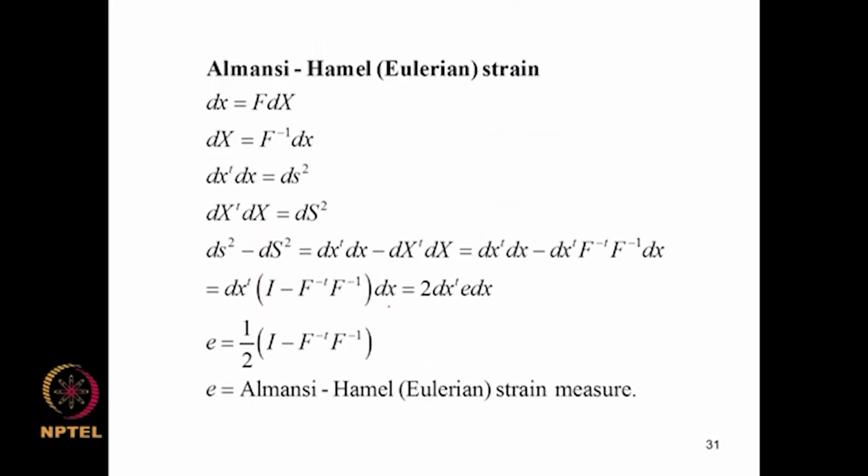So, that definition takes us to this Almansi-Hamel or Eulerian strain, defined with notation small e, and here ds square minus dS square is written in terms of lowercase dx, and we get it in this form, and this quantity I minus F inverse transpose F inverse is defined as e. This is the Almansi-Hamel strain measure.